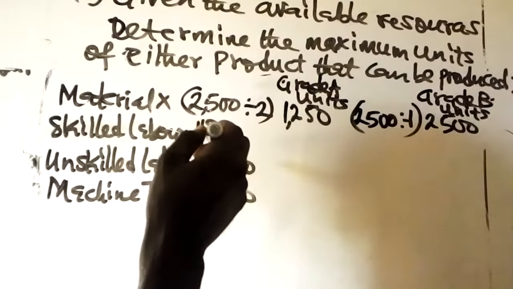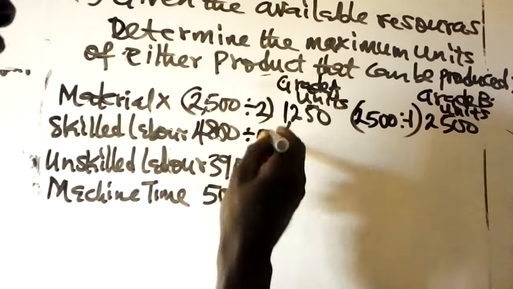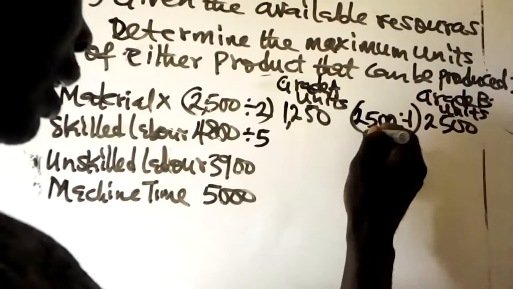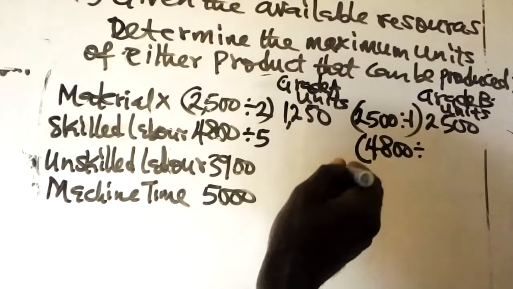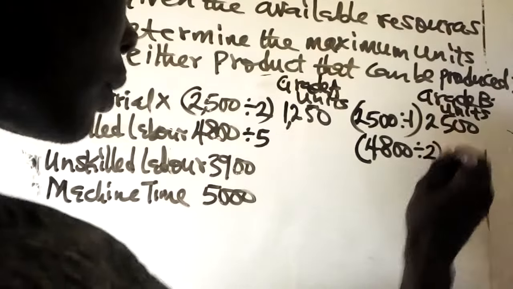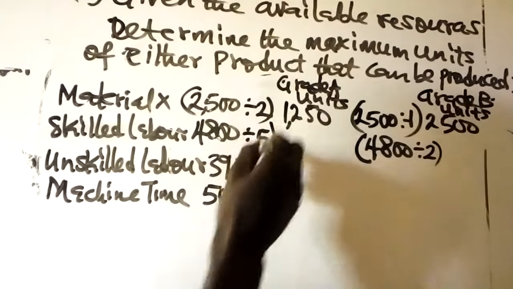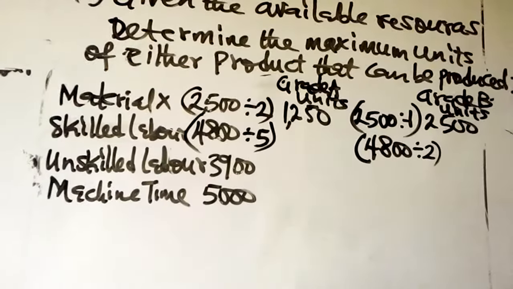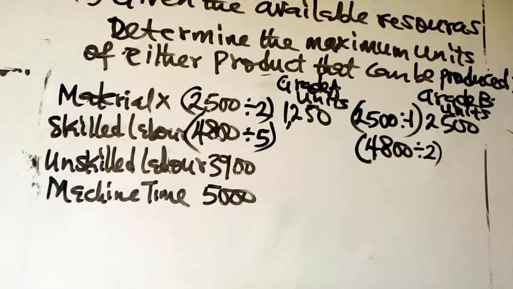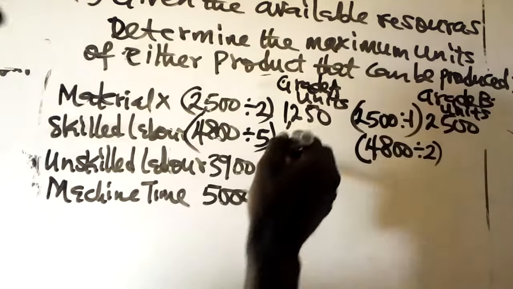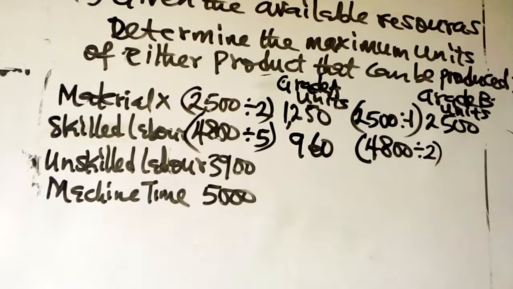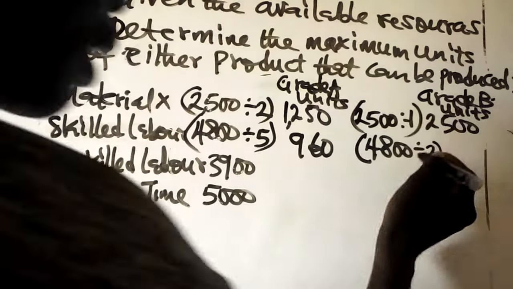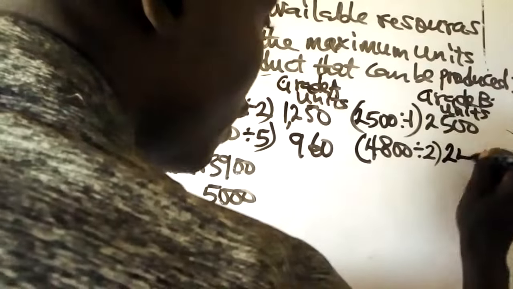For grade A, 4,800 divided by 5, that will be 960 units. Then for grade B, 4,800 divided by 2, that will be 2,400.